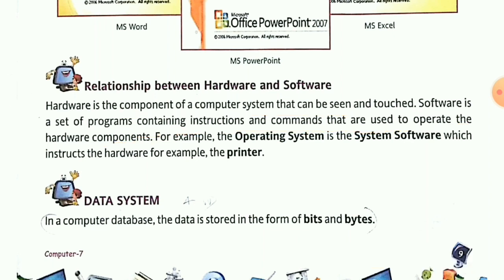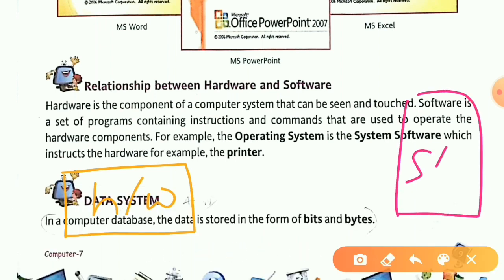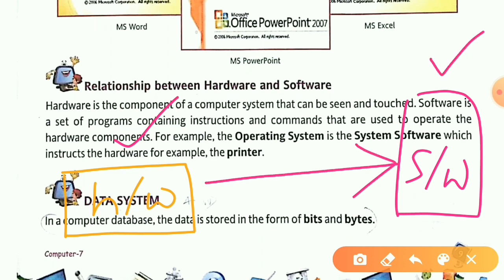You have this hardware, and again you have this software. For proper functionality of both the hardware as well as software, these two are interlinked together with the help of your operating system.